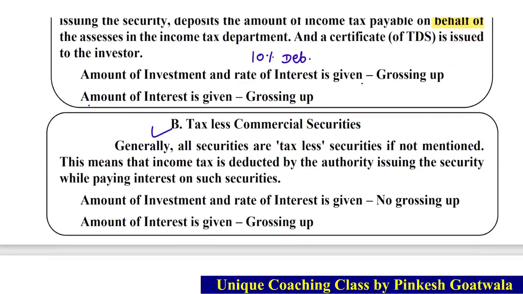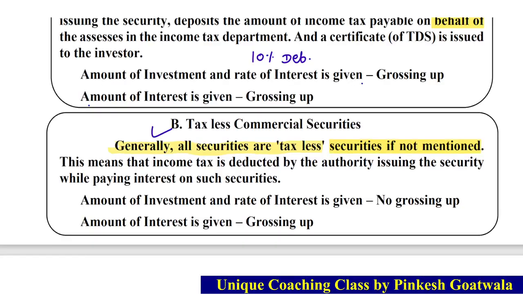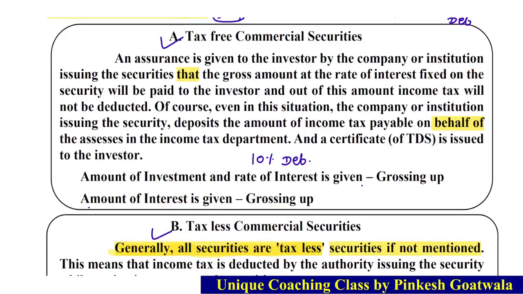So that's the rules about the first point. Here I told you, we see later on. Generally all security are tax less security if not mentioned. Okay, જો કોઈ પણ પ્રકારનું mention નહીં હોય, none information is given, in that case all security are tax less. So here only 10% debenture is given. Suppose 10% debenture of ABC Limited, only this information is given.